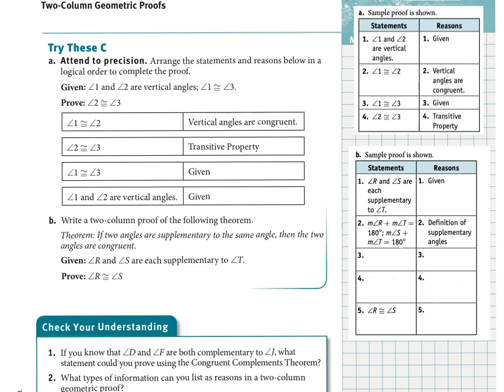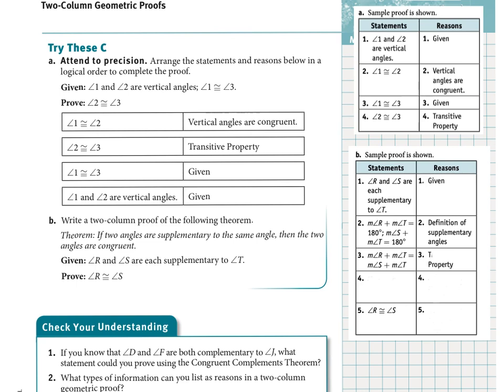Now, how do we get to step 3? Think about what our ultimate goal is. We want to show that angle R is congruent to angle S. I know the textbook says something a little bit different than I would use, but looking at this, I know the measure of angle R plus the measure of angle T equals the same thing as the measure of angle S plus the measure of angle T. So for me, I would probably do a little bit of substitution right there.